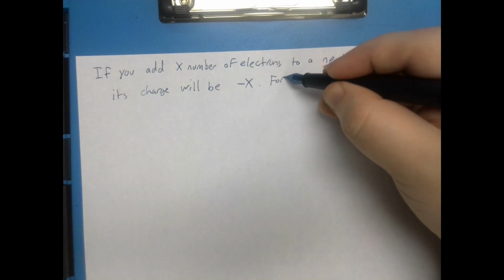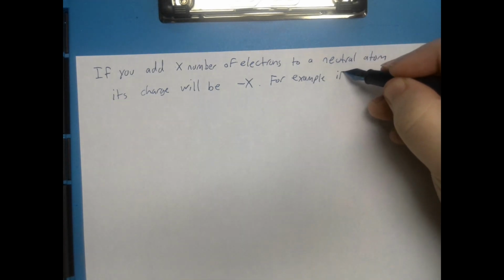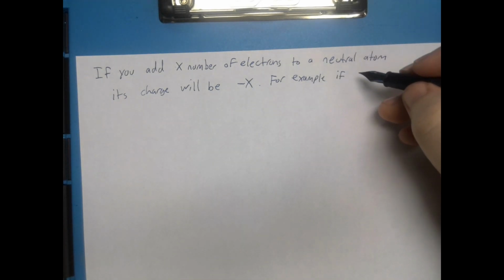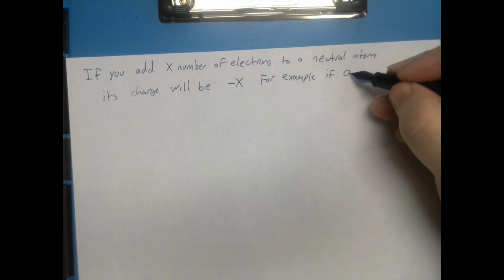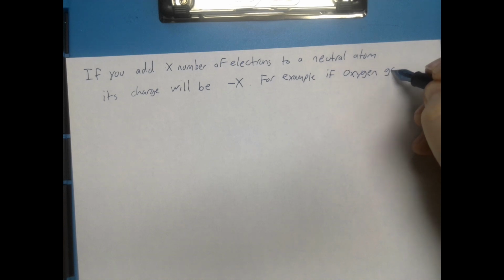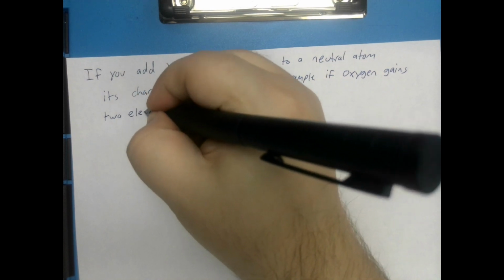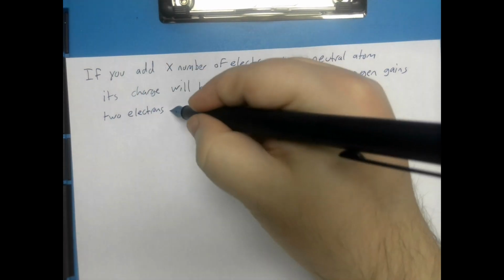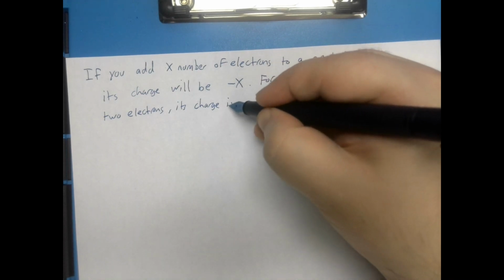For example, if oxygen gains 2 electrons, its charge is -2.